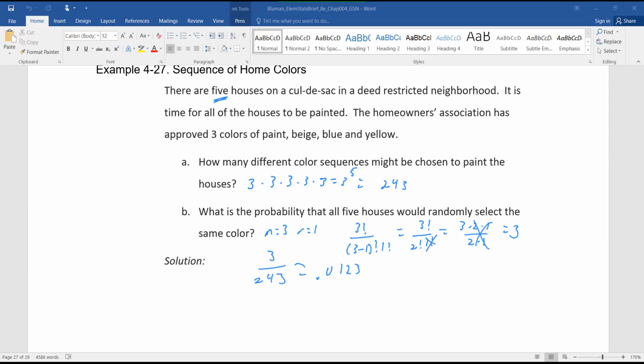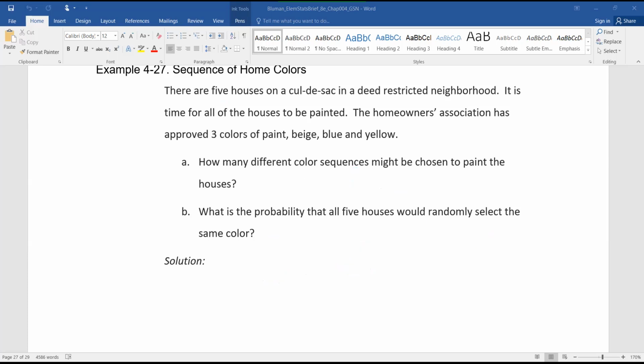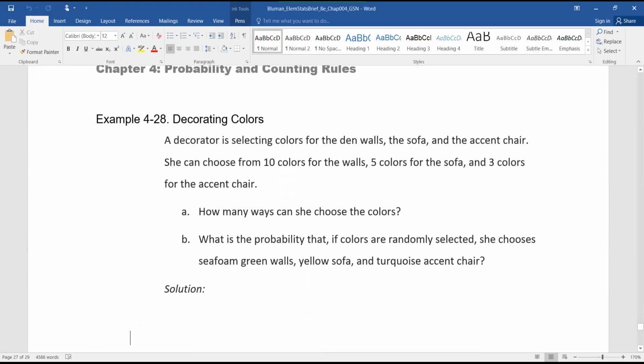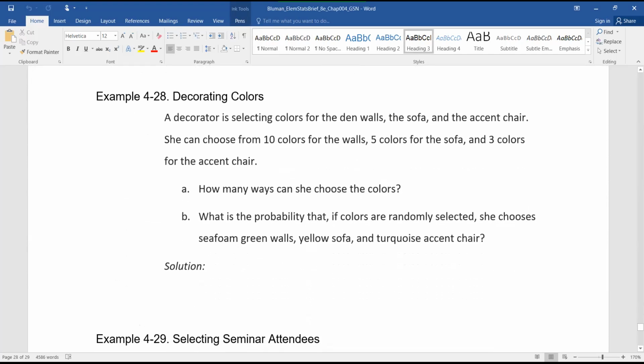That was a lot easier than the one we just did. What is next? All right, looks like example 28, decorating colors. So a decorator is selecting colors for the den walls, the sofa, and the accent chair. When does a chair start having accents?